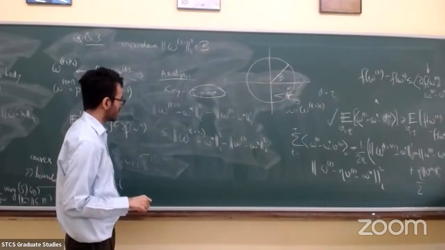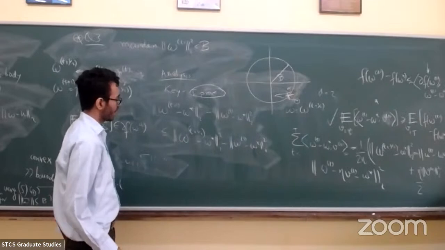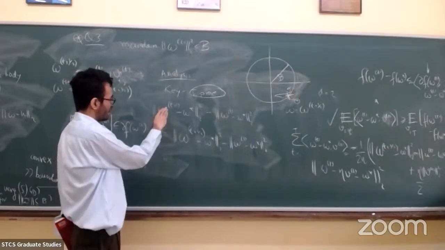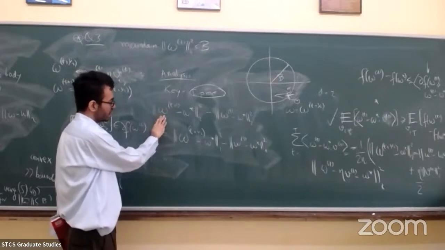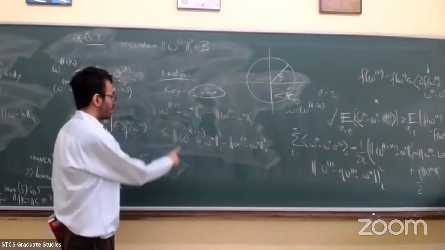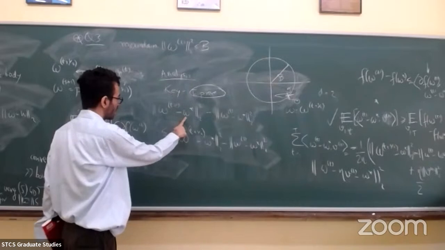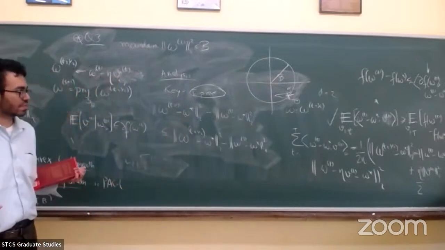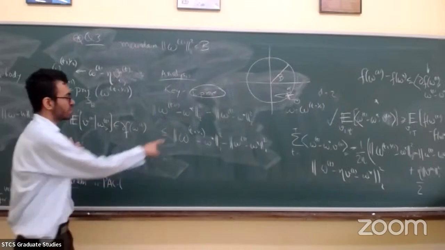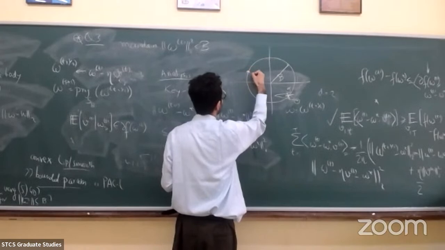Why is this useful? Well, the point is that WT plus 1 here is a projection of WT plus half. And W star here, remember, lies inside the convex body because W star is the minimizer of F with bounded parameter. W star is bounded. W star is somewhere, it's inside.